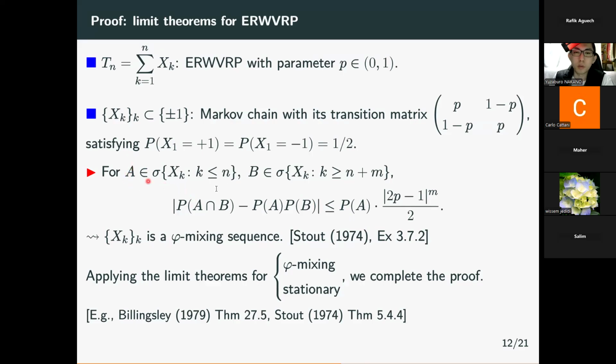And then for A in this event and B in this event, the conditional probability of B given A is bounded by (2p minus 1) to the m by 2.